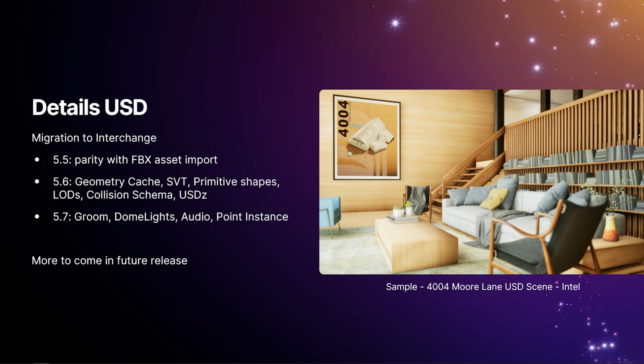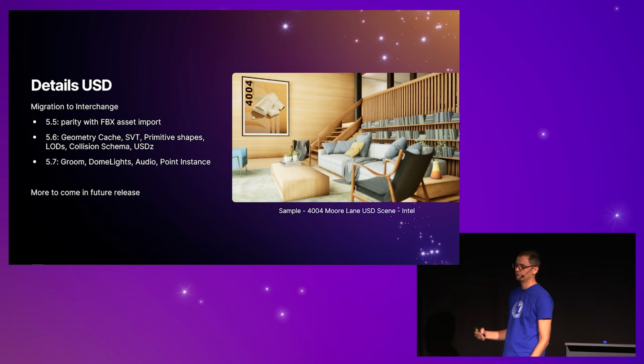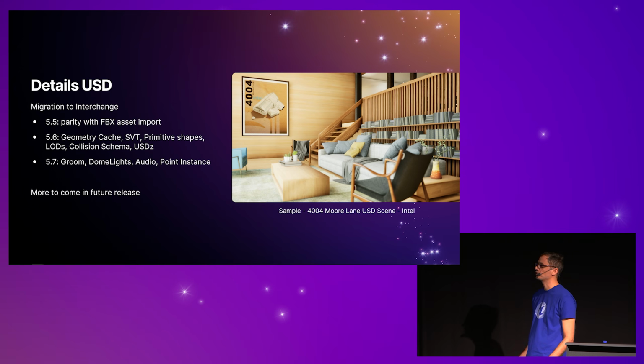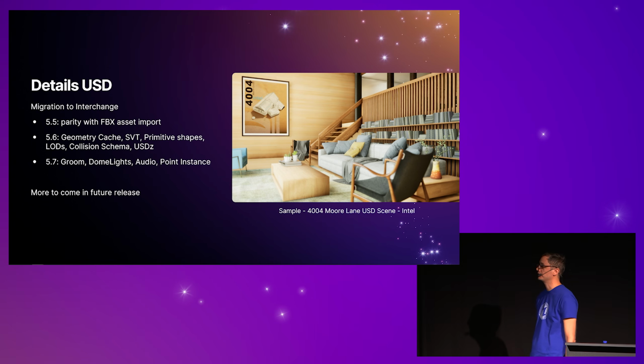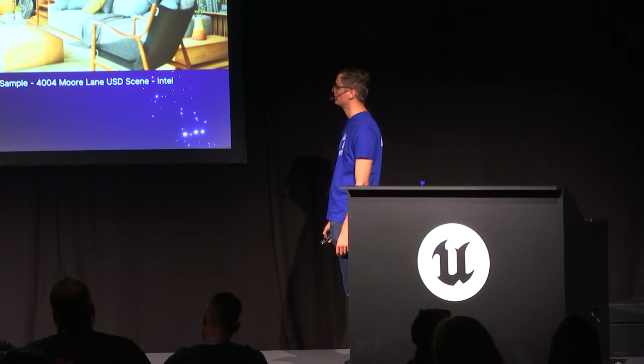And then with 5.6 and 5.7, we added some features that were missing from 5.5 plus some more specific USD features into the Interchange version of the importer. And there's still work to be done here, so this is something we are going to expand.